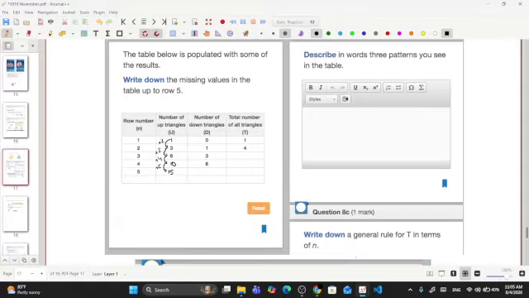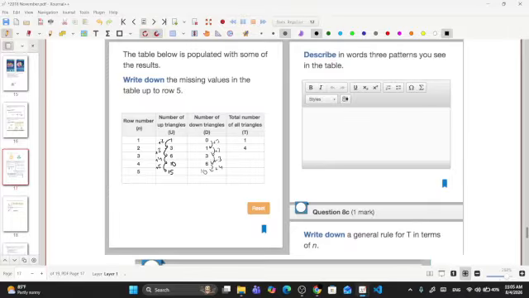And since the number of down triangles starts from 0, it's basically a minor value shift. So 0, with differences of positive 1, positive 2, positive 3, positive 4. So it should be 10 here.